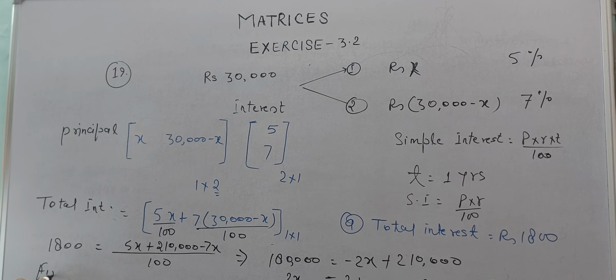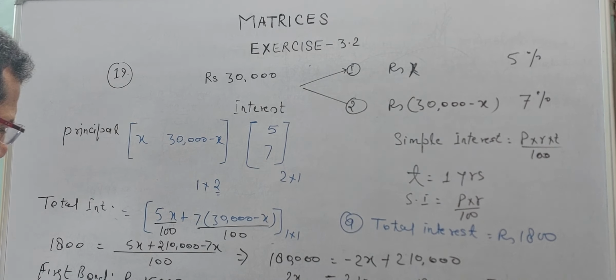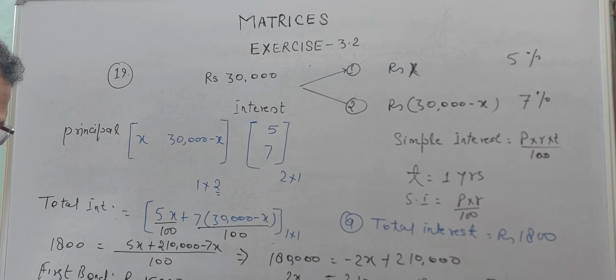We have invested in the first bond rupees 15,000, and the second bond should have the remaining 30,000 minus 15,000, which again becomes 15,000. So this is our answer.